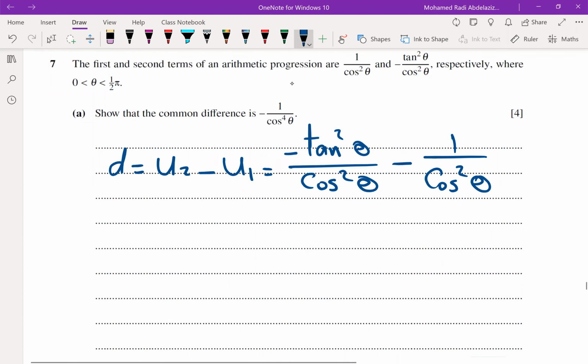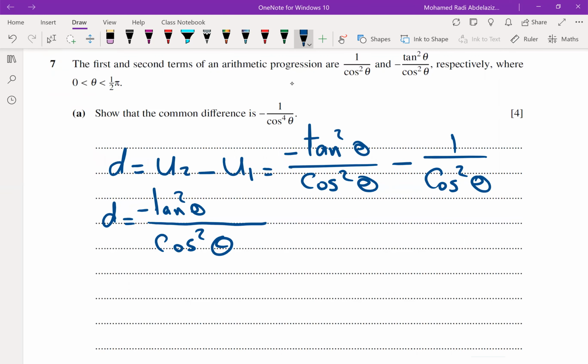The denominator is already the same, so you can write it as a single fraction: cosine squared theta minus tan squared theta minus 1. He asked to show that and write the expression including only cosine.